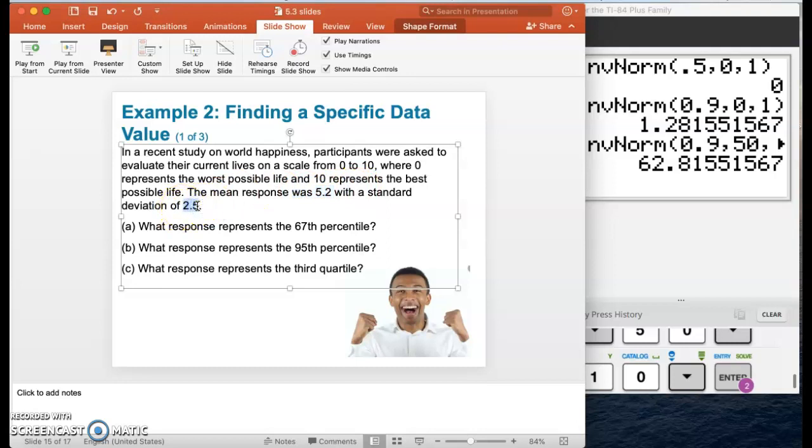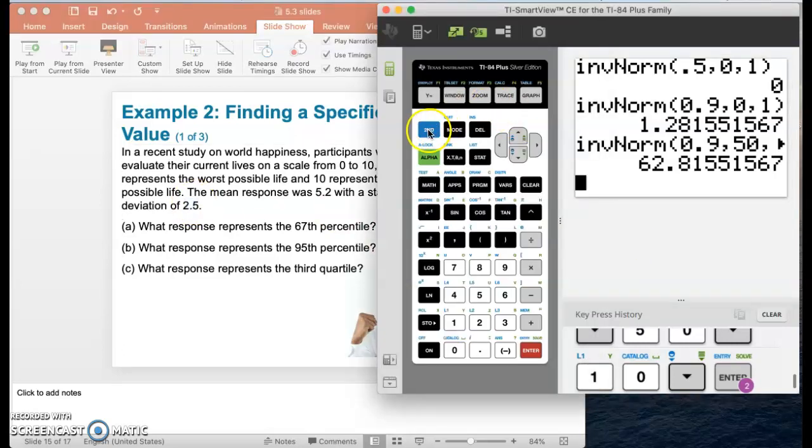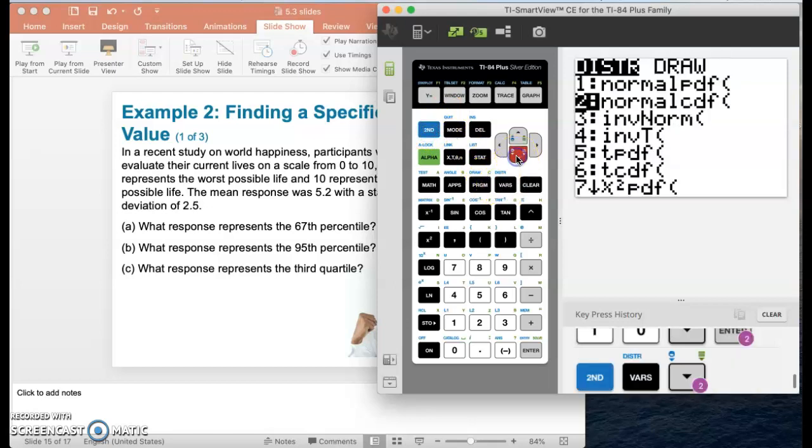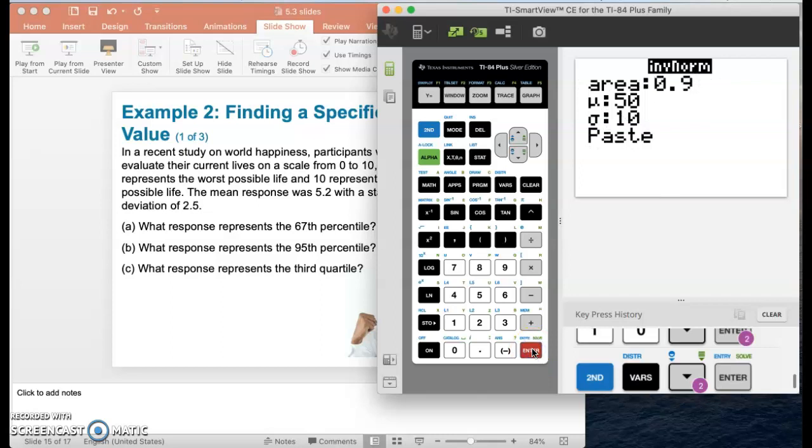So again, we're going to be looking to use the inverse norm function on our calculator. So I'm going to go to second and then vars, arrow down to inverse norm. The area corresponds to the percentile. So in this case, we're asked to find the response that represents the 67th percentile. So we need to convert that to a decimal. That's 0.67.